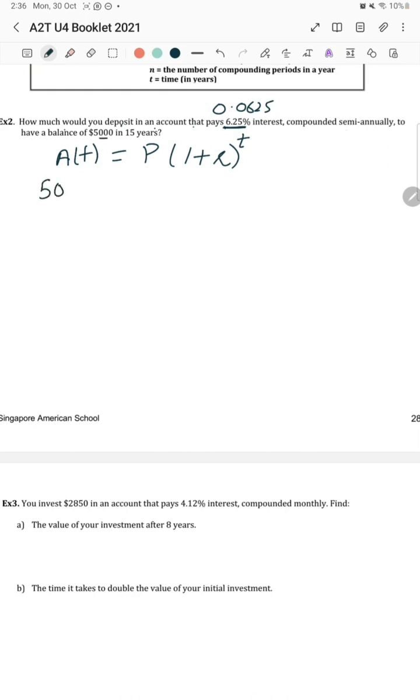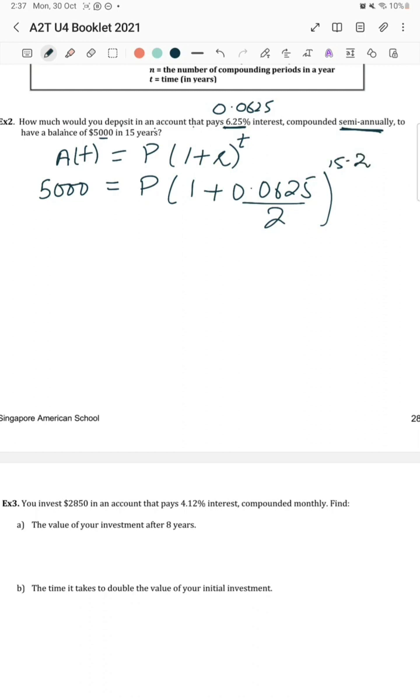So the balance is A. P is how much you deposit, the initial amount we don't know. 1 plus 0.0625 divided by, semi-annually meaning 2 times per year. So t is going to be 15 years multiplied by 2. So this is a simple calculation. It's going to be 0.0625 divided by 2 plus 1 to the power 30.